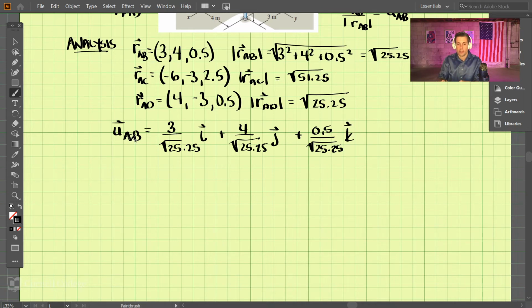All right, so that's the unit vector for AB, and we can do the same by taking the component values and dividing by the magnitude to find AC as well.